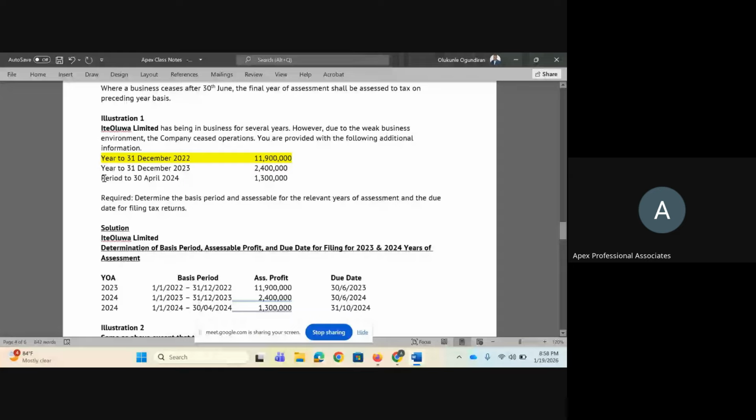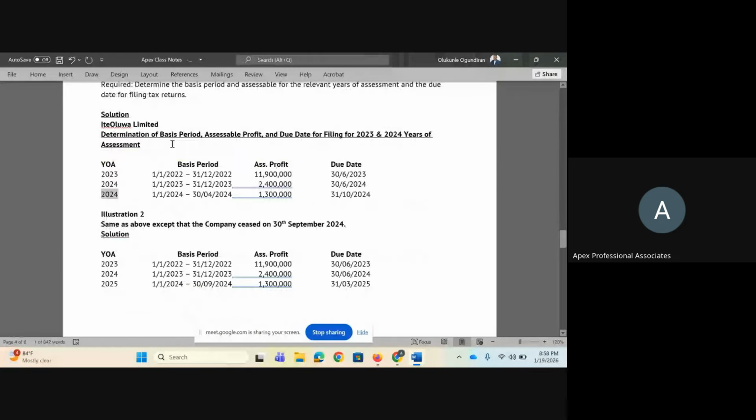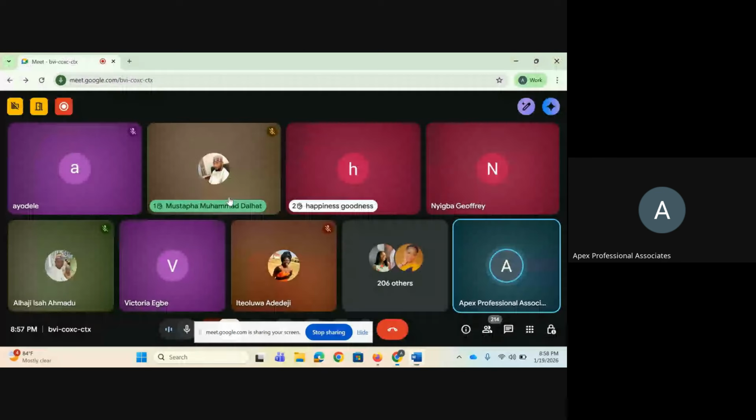This guy ceased in April. Is April before June or after June? It's before June. That's why we are doing it on actual year basis. Every other one is an ongoing business. Obviously, ongoing businesses are assessed to tax on preceding year basis. But for the year of cessation, if it ceases after June, preceding year; before June, actual year basis. That's the rule there.